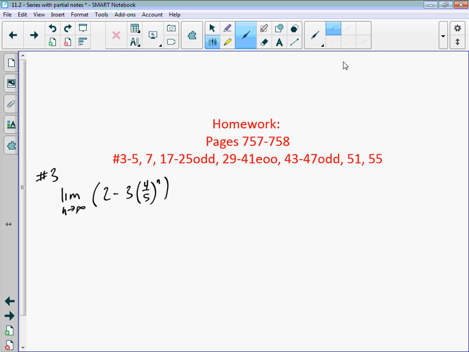If this is a number that's less than 1, as you raise it to an infinite power, isn't the denominator going to get way bigger than the numerator? So what's going to happen to that fraction as you go to infinity? It's going to go to 0, so you just end up with 2 for an answer.